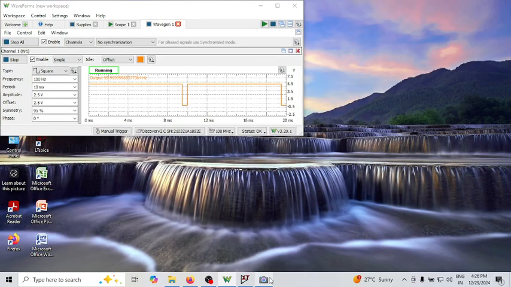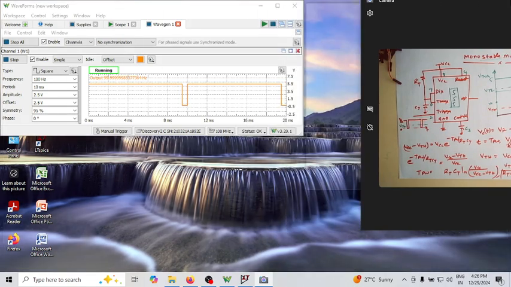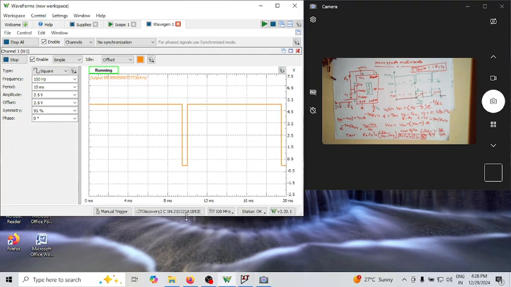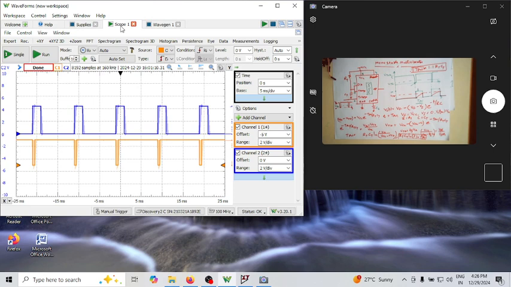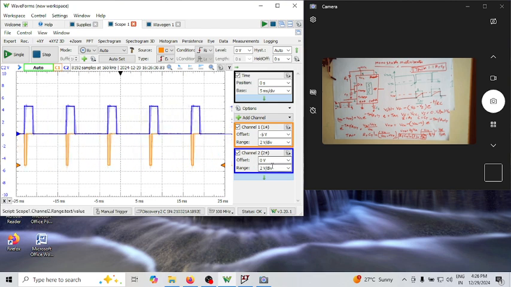Okay, let me show this also. So this is my pin number 2, and let me show both the input and output. This is my scope. I'm separating the input and output so that you can have clarity of this.